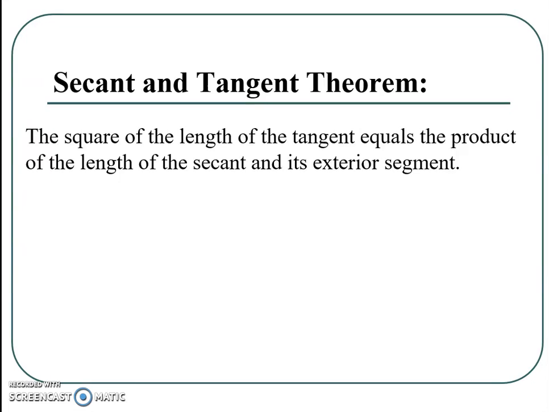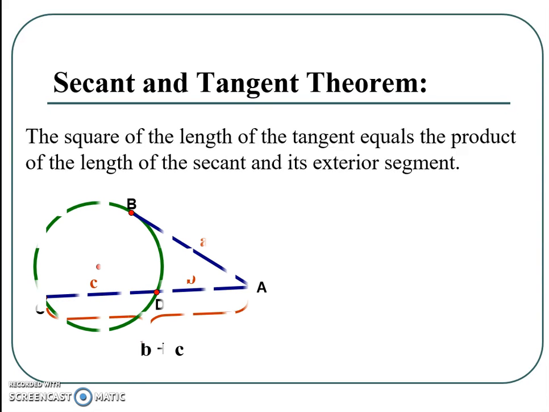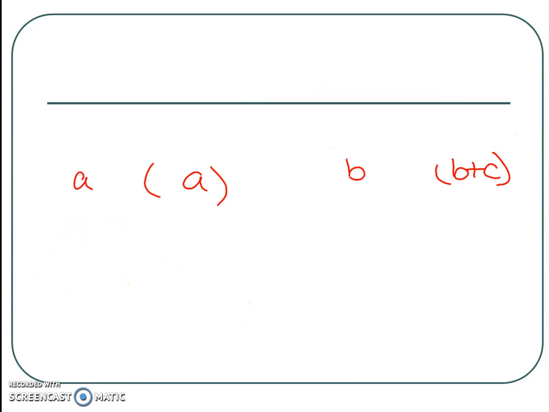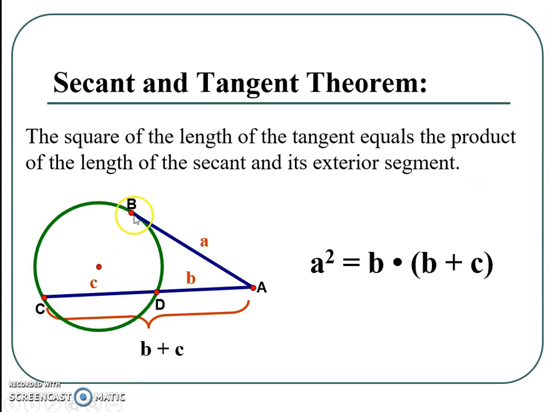Secant and tangent theorem. The square of the length of the tangent equals the product of the length of the secant and its exterior segment. So right here you have a tangent line and a secant line. A tangent intersects at 1 point, a secant at 2 points, like this.